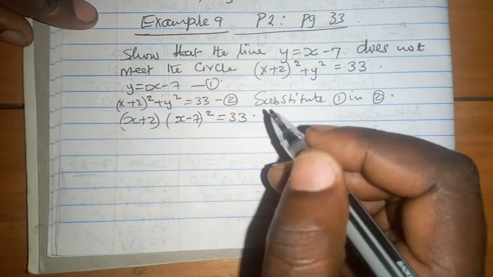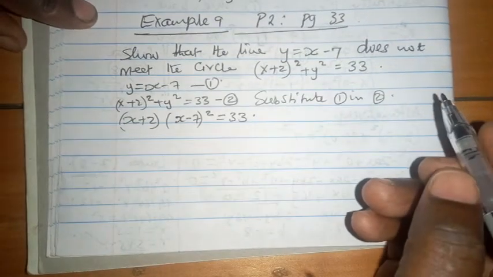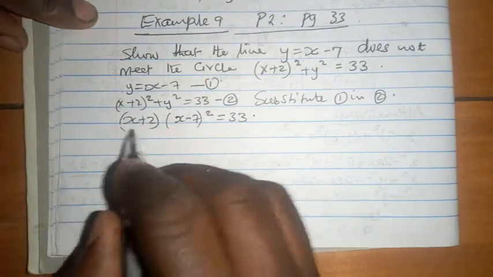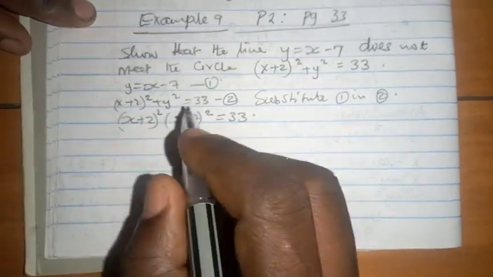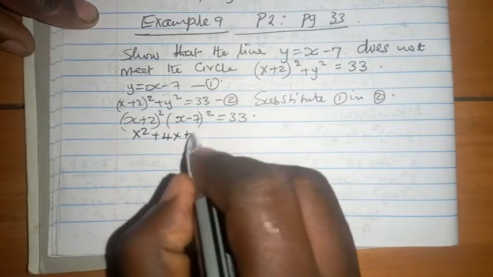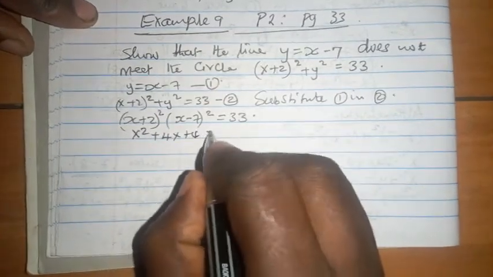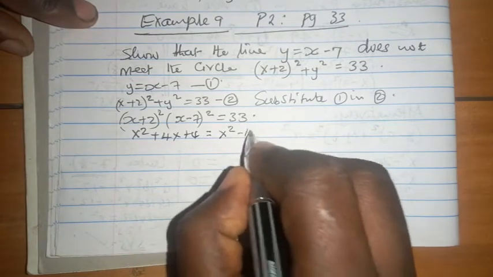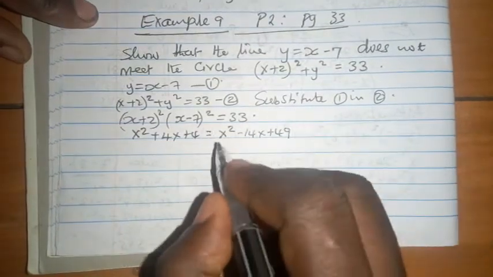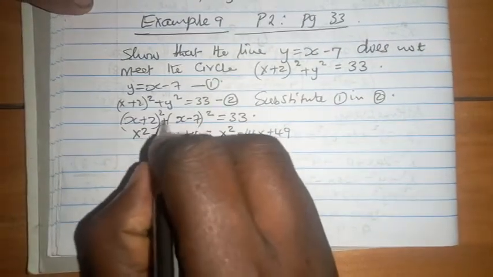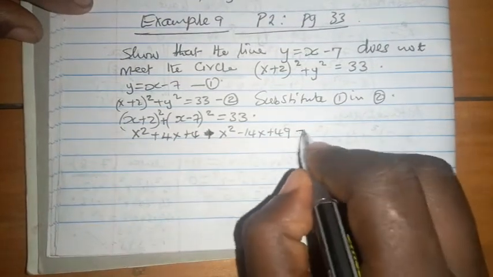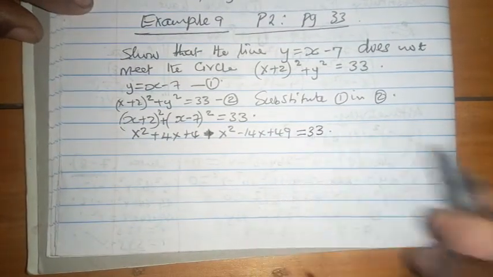And it goes without saying that, this is squared, we are having x squared plus 4x plus 4 is equals to x squared minus 14x plus 49. Not equals to, rather plus, this is a plus there, so there's a plus here. Now the equal sign comes over there.